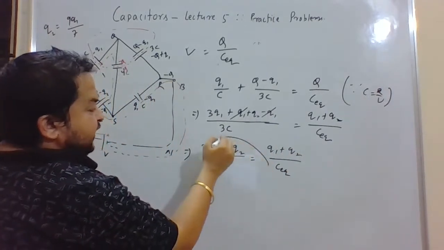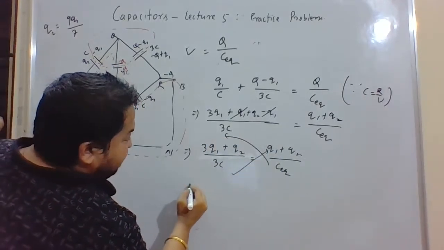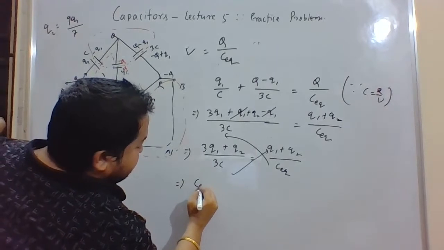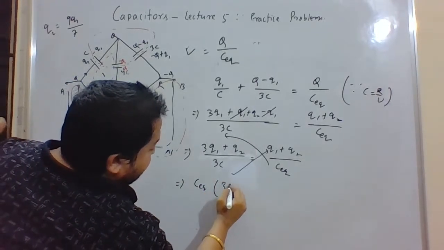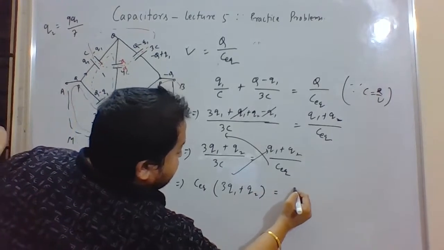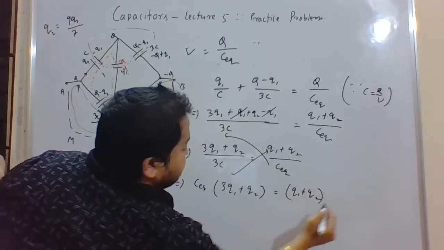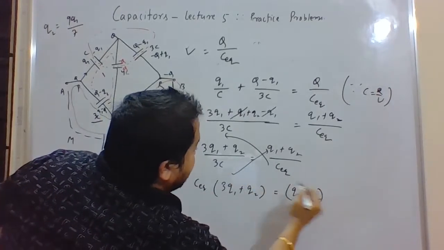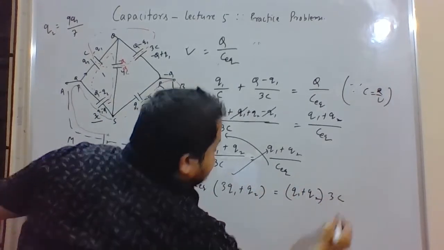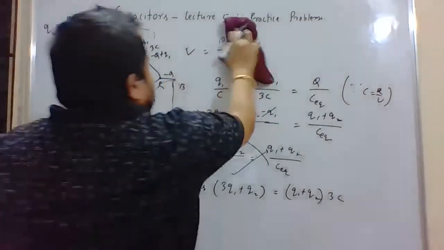Now obviously I'll take this one here and this one here. So that is nothing but C equivalent into 3Q1 plus Q2 equals Q1 plus Q2 into your 3C. Okay, now let's keep solving it further.